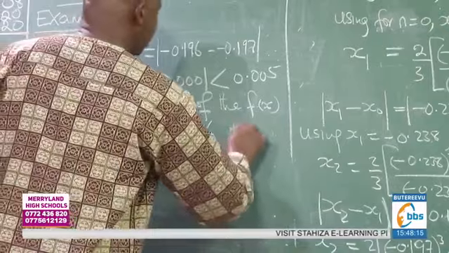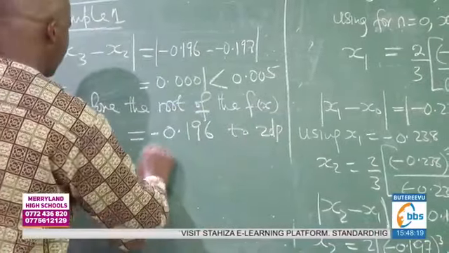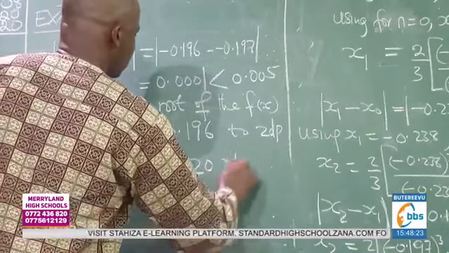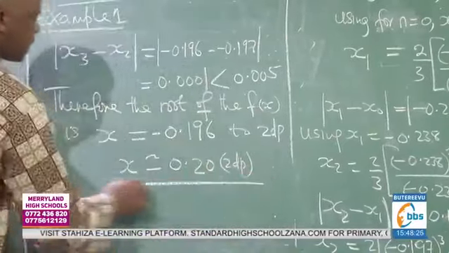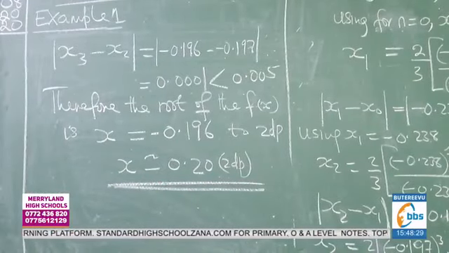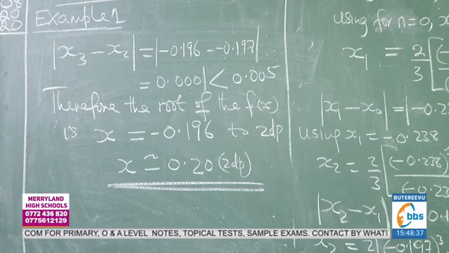So to 2 dp's, we conclude that our x is approximately negative 0.20. We obtain our answer right over there as that.